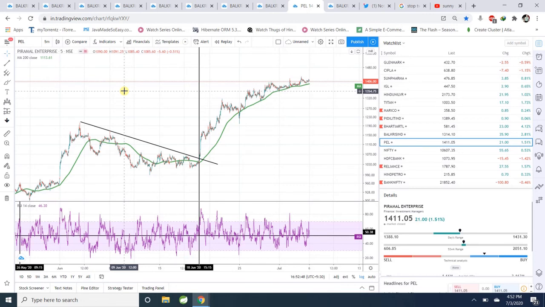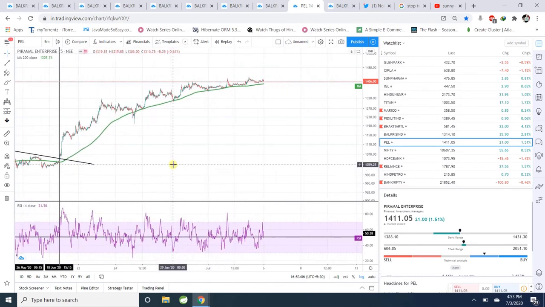If RSI is above 50 on the weekly chart, the momentum will continue for some more weeks. If RSI is above 50 on the hourly chart, the momentum will continue for the next few hours. Like that, you can easily do your trade accordingly.